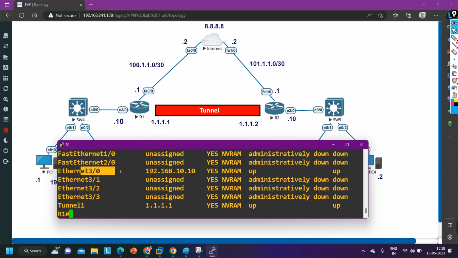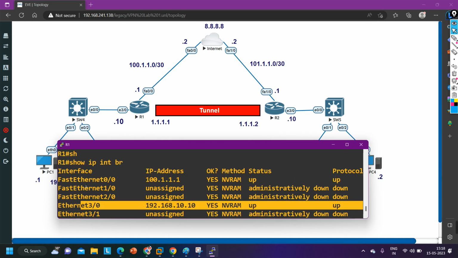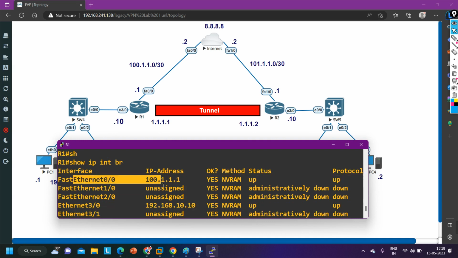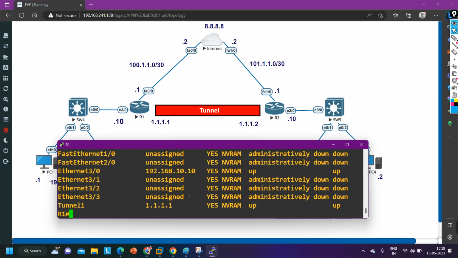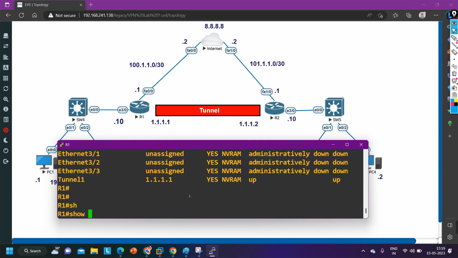On the physical interface, you can see E3/0, which is my LAN interface, where I am running IP 192.168.10.10. This one is also up. On the public, outside interface, I am running the IP address 100.1.1.1. If you want to check the tunnel interface configuration, you can run the command show run, interface tunnel 1.